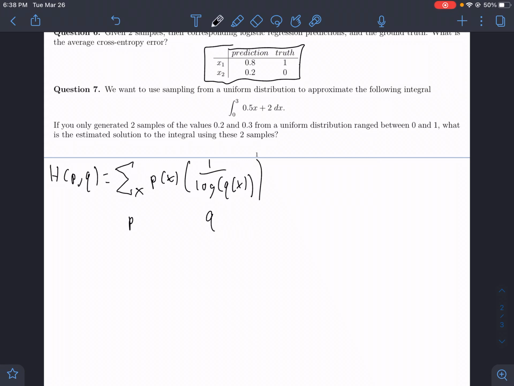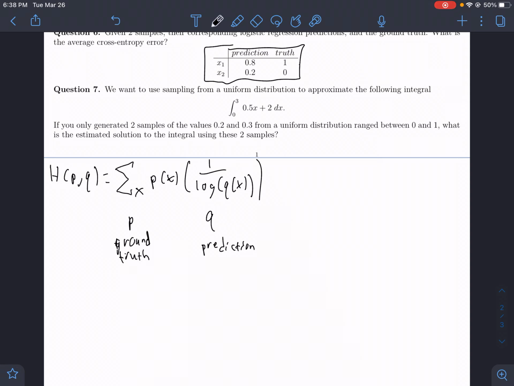In these scenarios, I believe that Q is traditionally our prediction and P is our ground truth for each sample.